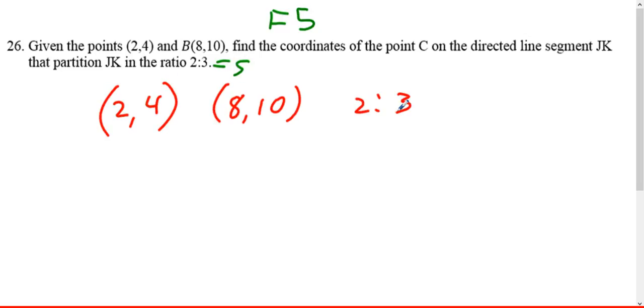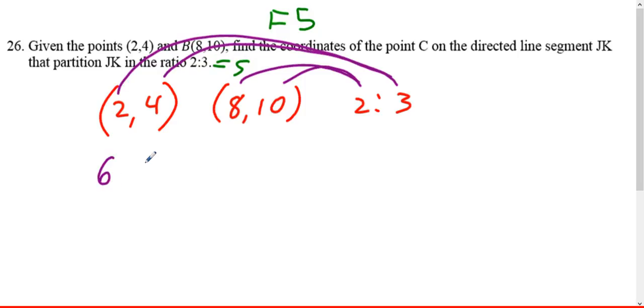and the ratio 2 to 3. The 2 gets multiplied to the second point, and the 3 gets multiplied to the first point. So you get 6 and 12, 16, 20.